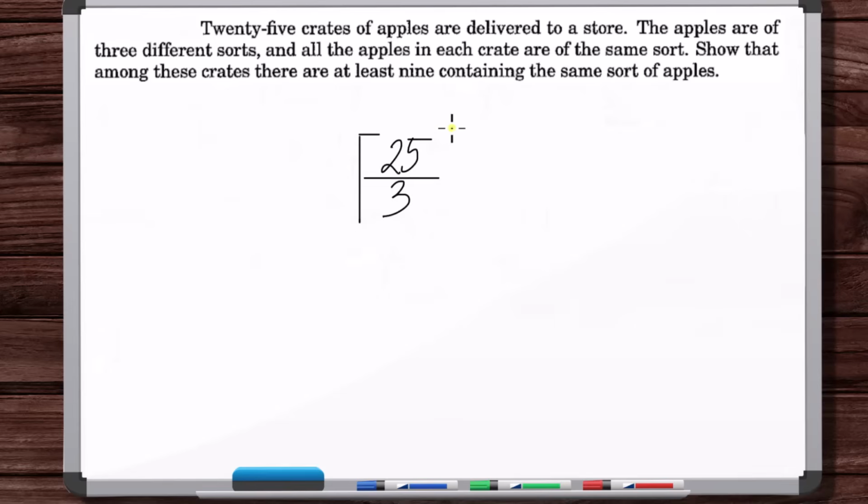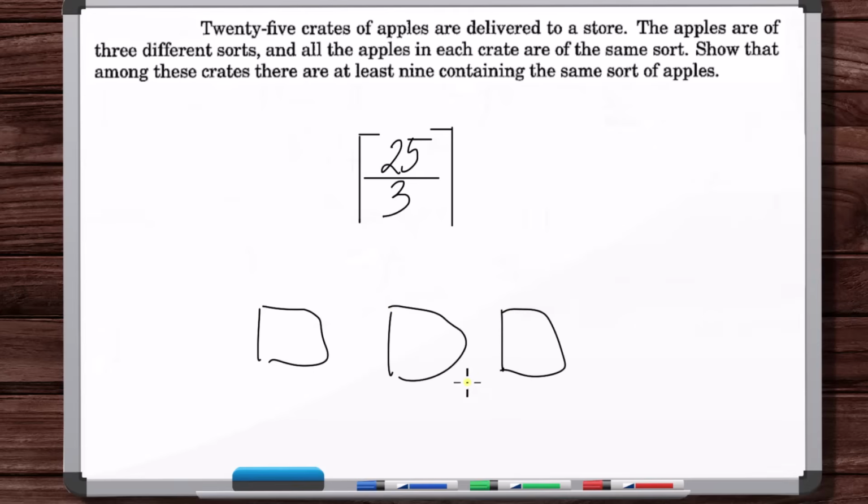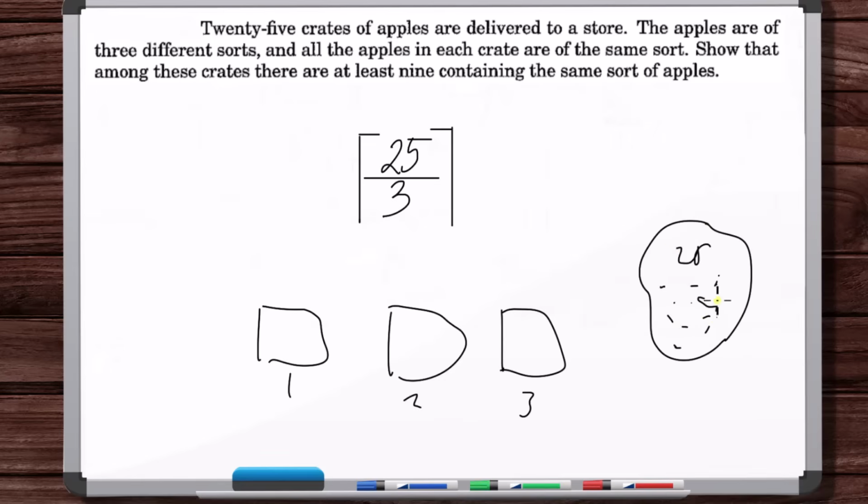Okay, now let's think about this and see if that makes sense. You've got sort 1, sort 2, sort 3. Now you've got the 25 crates, right? You take a crate and put it in a pigeonhole based on what sort it is. Take another crate, put it in a pigeonhole.